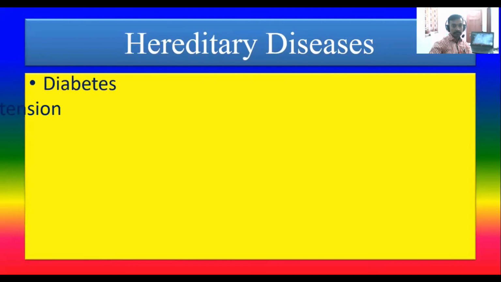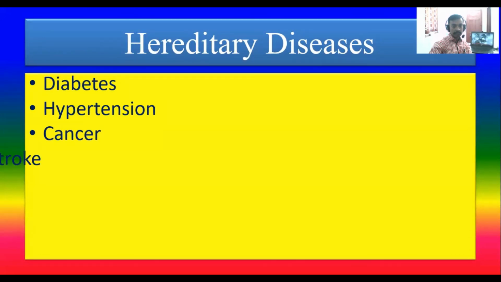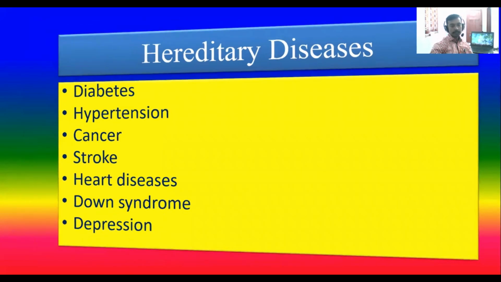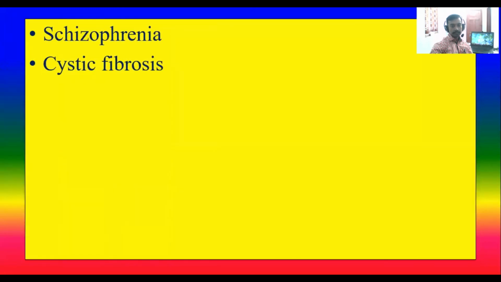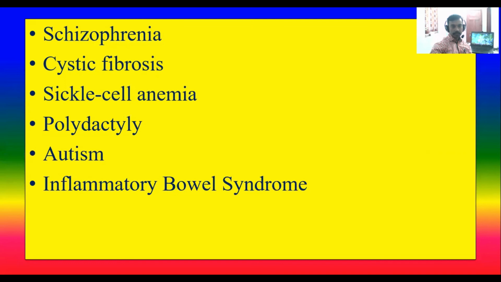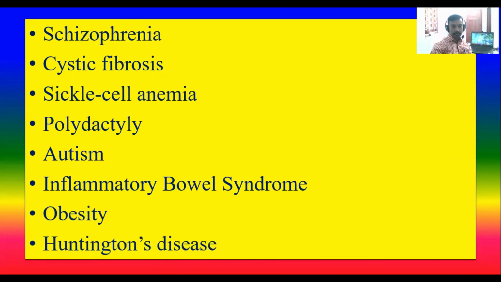Hereditary diseases, mainly diabetes, hypertension, cancer, stroke, heart diseases, Down syndrome, then depression, schizophrenia, cystic fibrosis, sickle cell anemia, autism, inflammatory bowel syndrome, obesity, and Huntington's disease.